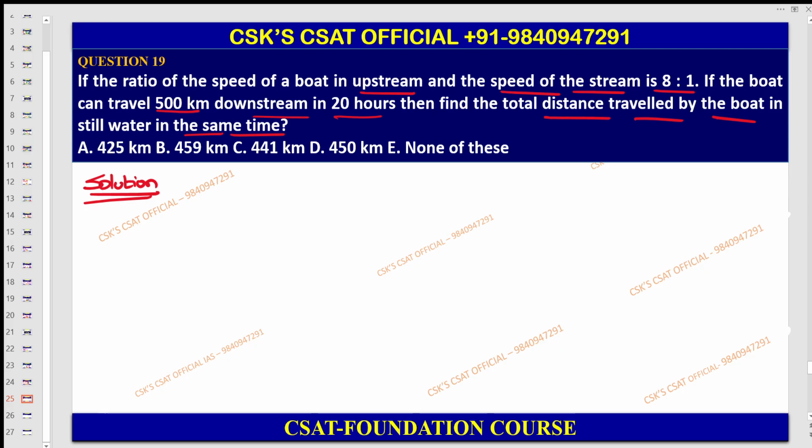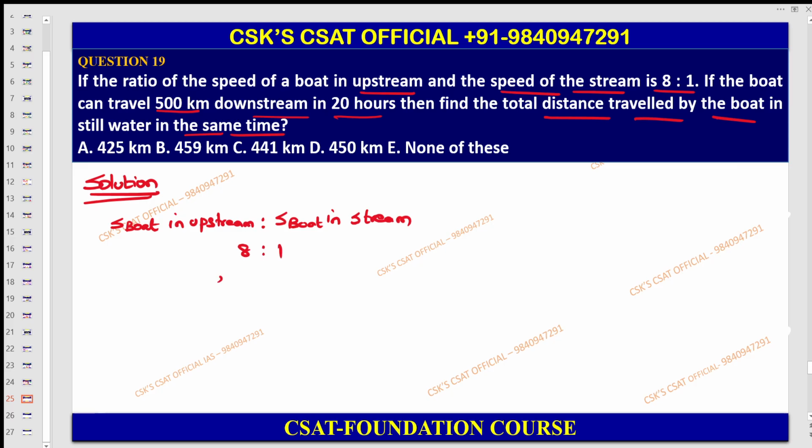The first thing here is what has been provided. The ratio has been provided: the speed of a boat in the upstream. Next, what has been provided? The ratio of the speed of a boat in stream or current. That is nothing but 8 is to 1.